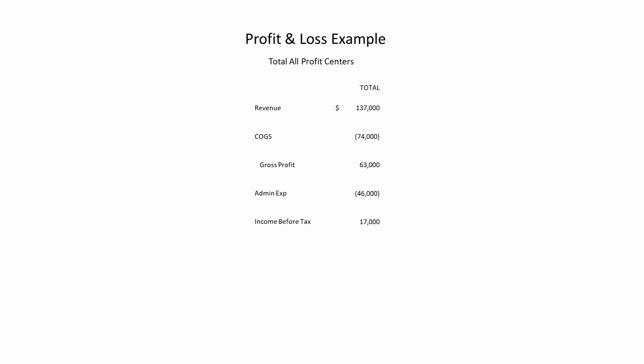You think, okay, that's good, right? Well, the problem is, though, you have many different profit centers or departments or divisions or however you refer to it in your business. Let's take a look at the same information, but let's say you actually received the profit and loss and it broke it up into your various segments.